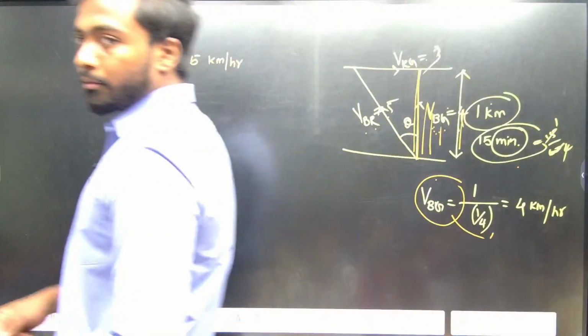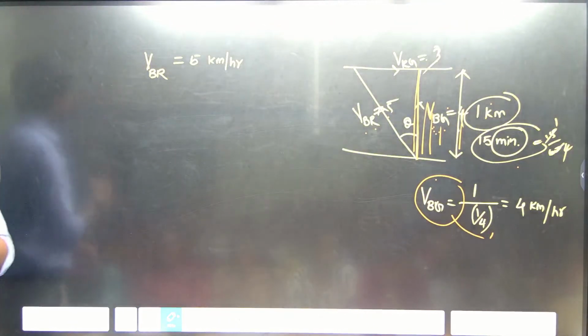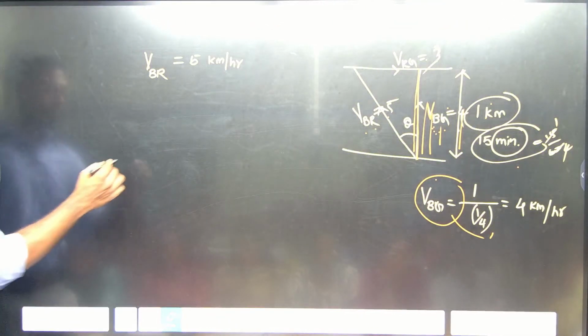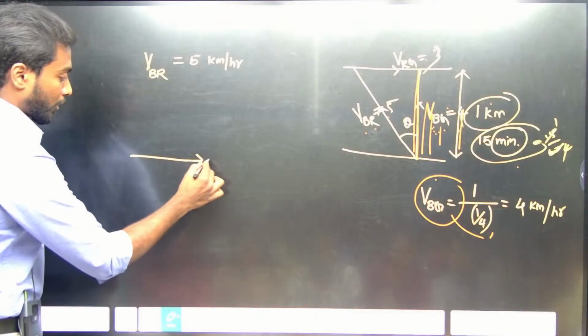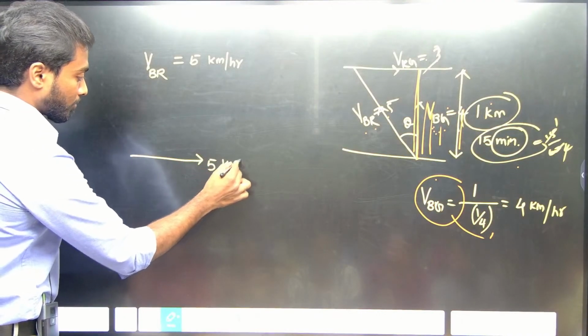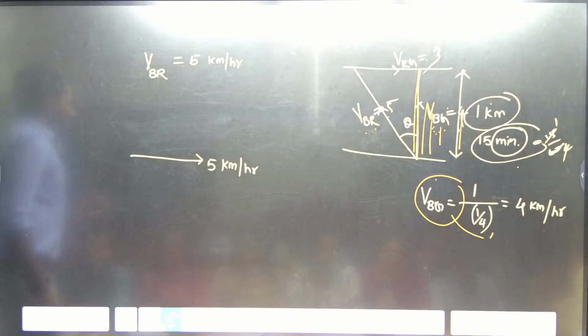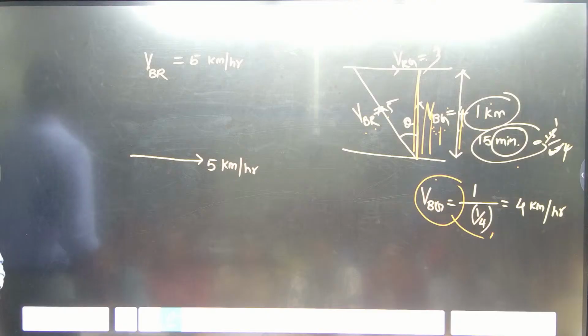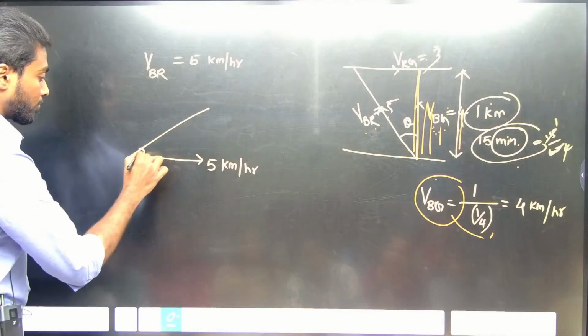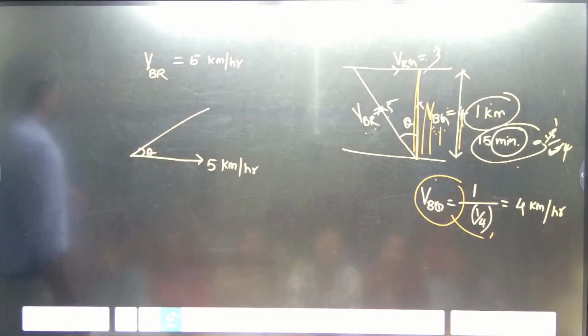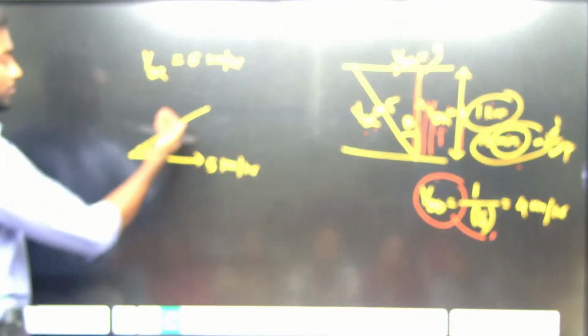So what did they say in the question? First point, the man walks with a velocity of 5 kilometers per hour. The rain falls at an angle of 45 degrees.